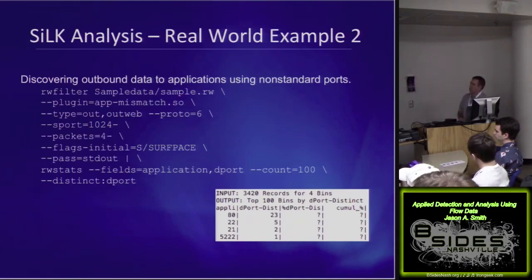Also looking for any source ports that are 1024 and above, trying to get things that look like real communications. And then we're doing a stat for where the application and destination ports, we're going to list those out, the top 100, which we only had a few in this case that weren't matching up. And so what you have here is the application that YAF saw.